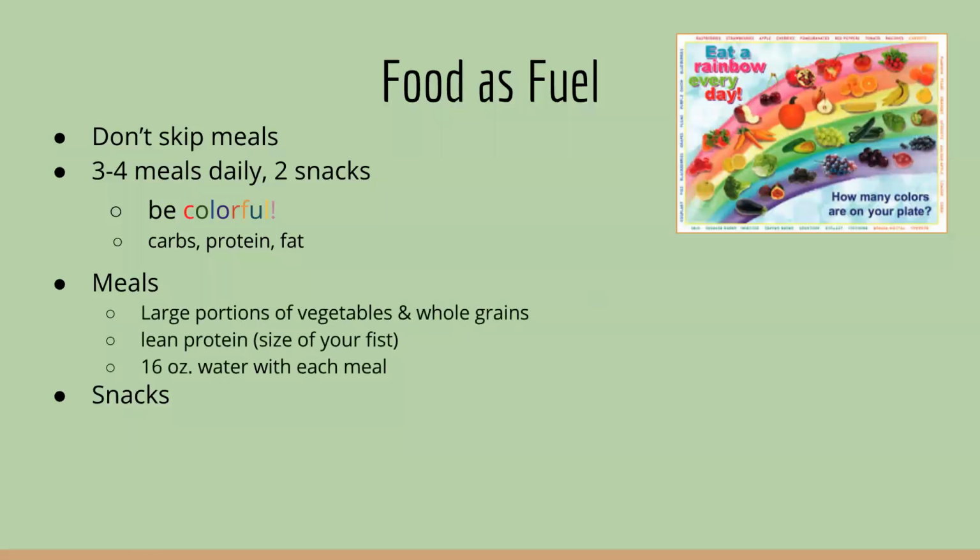So what does balance mean? Well, that might mean looking at a large portion of vegetables and grains, which helps us digest some of the proteins that we're going to eat, and then maybe a lean protein. If it's tofu, that's okay too. You're looking at maybe the size of your fist, and each of our fists is going to be a different size.